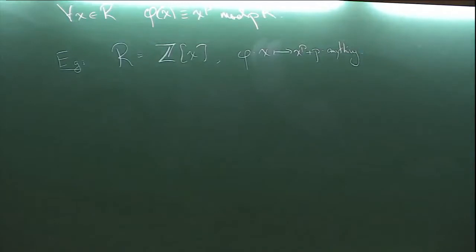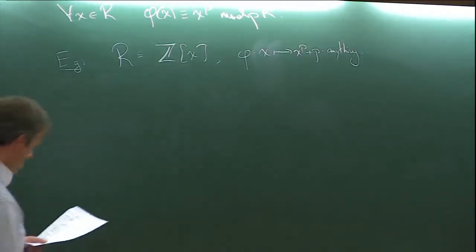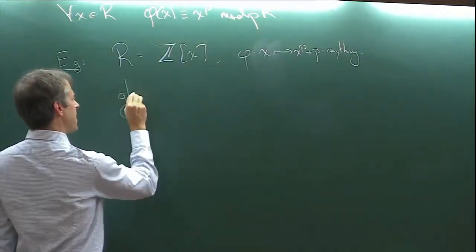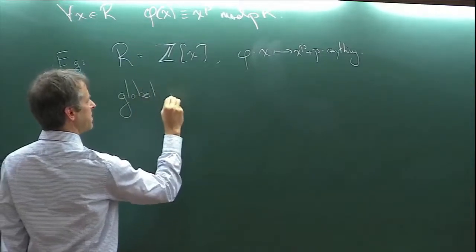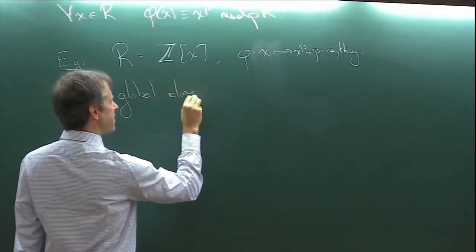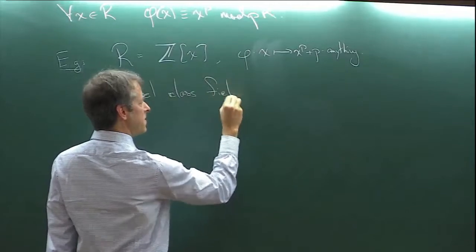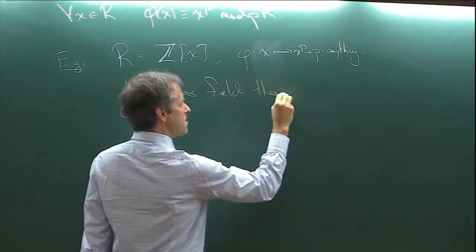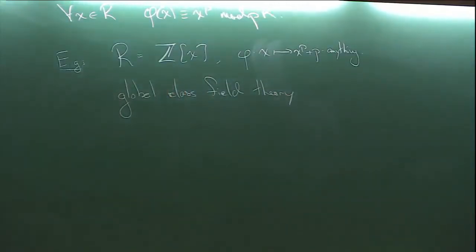So there are many rings with Frobenius lifts. Also in global class field theory, the ring of integers of a number field has Frobenius lifts at all the unramified primes, say in an abelian extension.